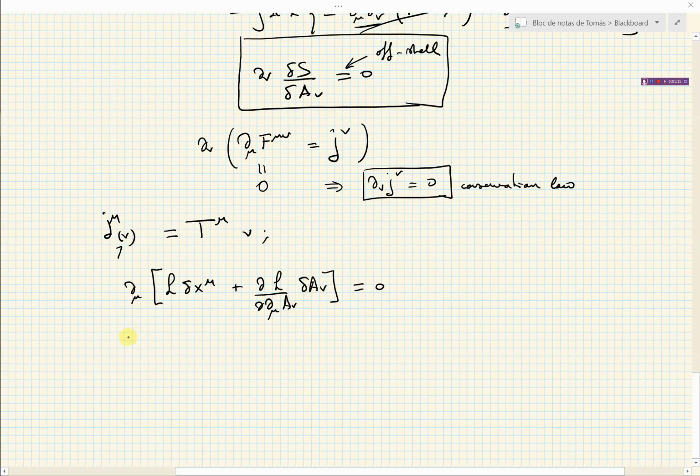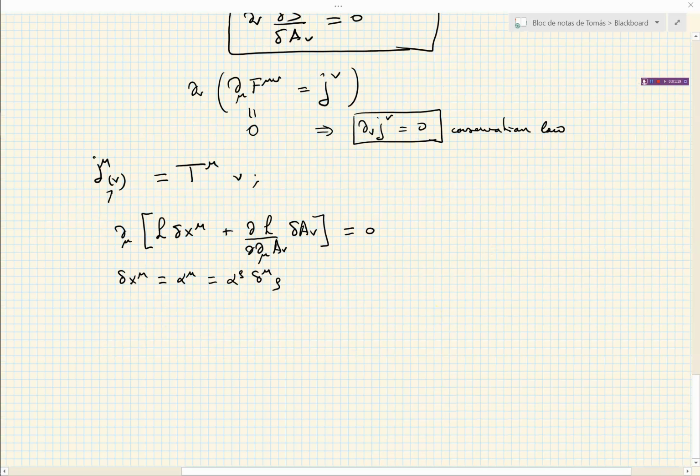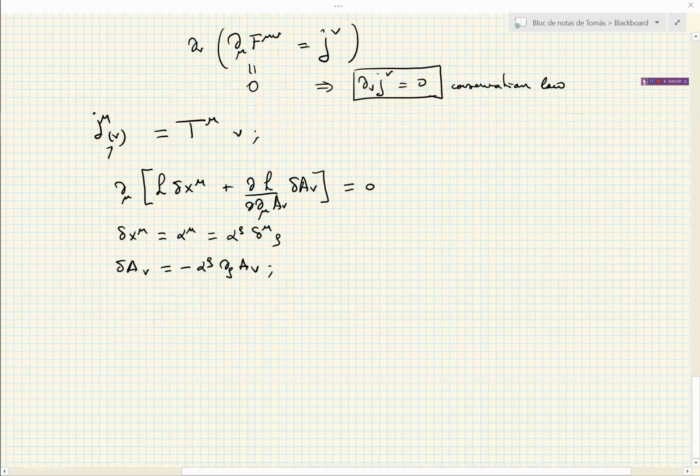Now for translations, what you have is that this is alpha^mu, which remember is alpha^rho delta^mu_rho, and for translations delta A_nu is just minus alpha^rho partial_rho A_nu, just the transport term.